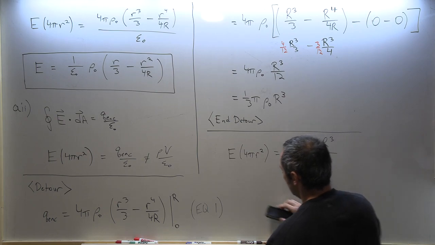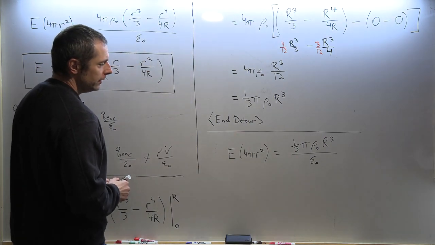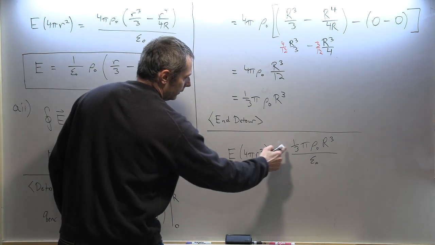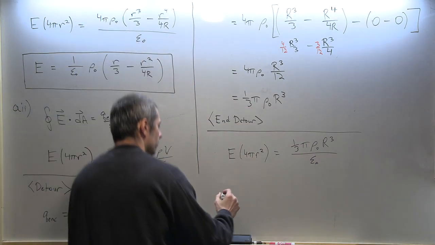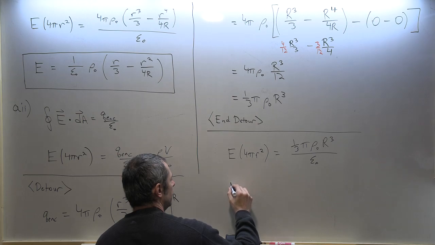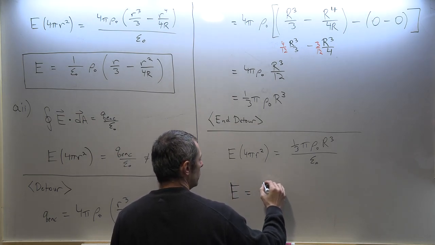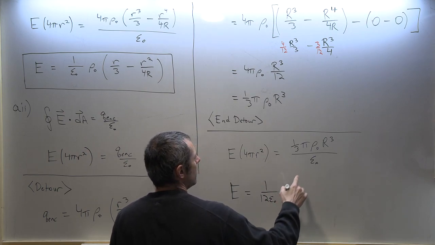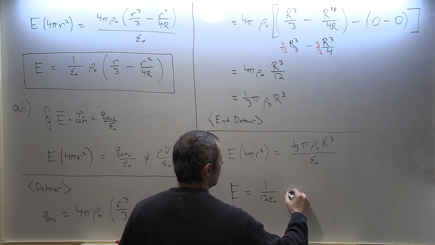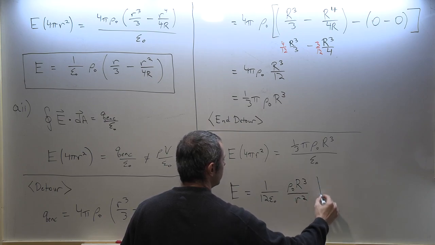As you can see, the pi cancels out. And then we've got the 1/3 divided by 4 is 1/12. We can write our final expression for the electric field outside this sphere as 1/12 epsilon 0 rho 0 r cubed over little r squared.